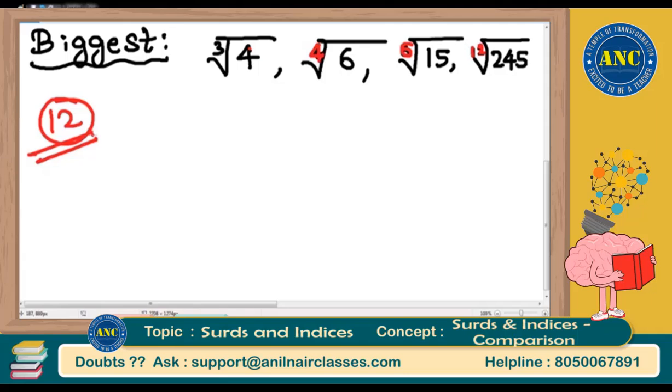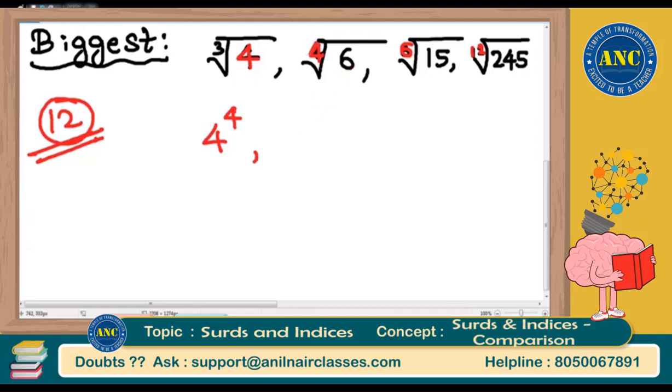Make everything as 12, as simple as that. I have power 1 by 3 already, so I want to make it as 1 by 12. That means multiply by 4, 1 also multiply by 4. That means this becomes 4 power 4, the 12th root of 4 power 4.